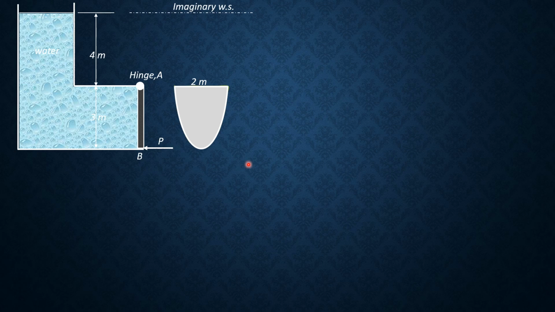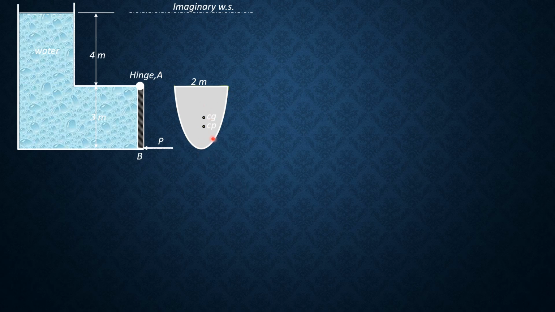So this time, let's assume that we do not know the location of the centroid, so you can locate that actually by integration, but for the purpose of directly applying the formula, the location of the centroid of the parabola is from the base 2/5 of the height, which is 3, and from the vertex 3/5 of the height, which is 3/5 of 3.